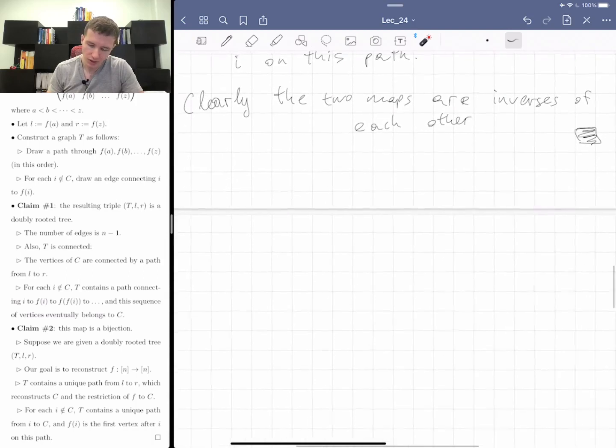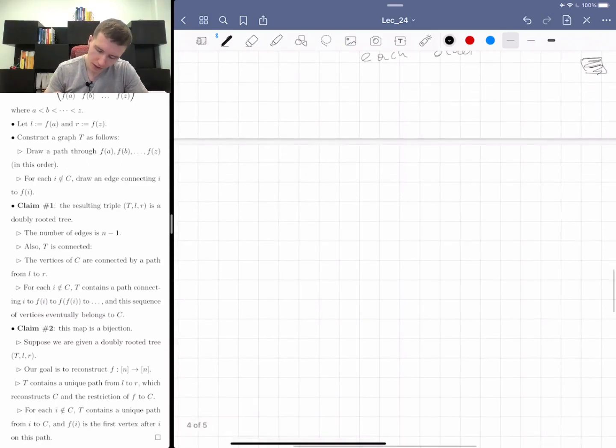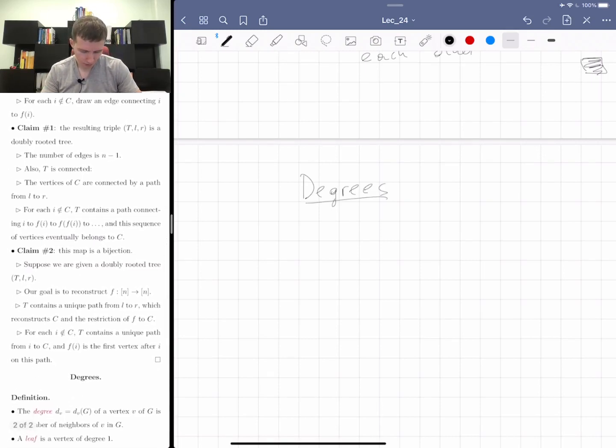Okay, now let me try to generalize it slightly, and I'm going to continue next time on Wednesday. But for now, let me at least try to compute some examples of generalization of Cayley's formula, and I'm going to take the degrees of the vertices into account.